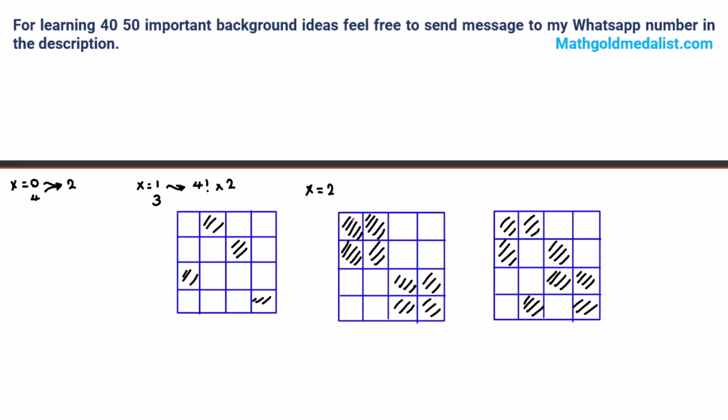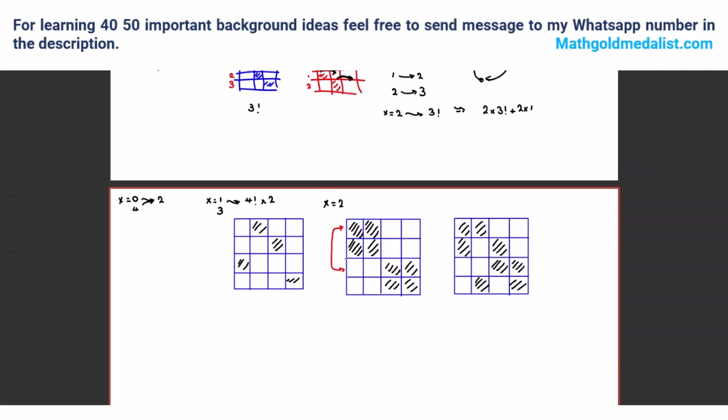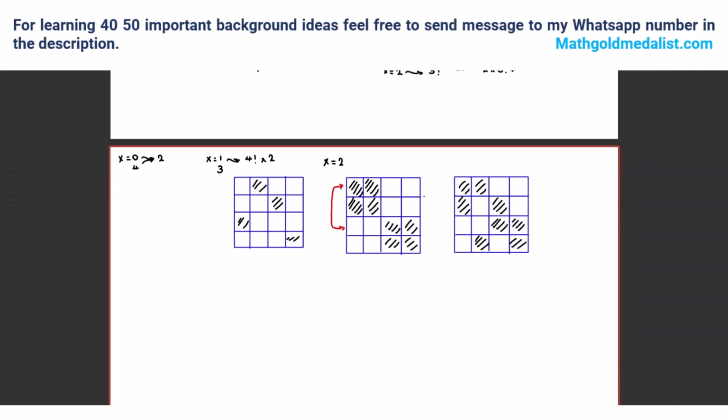And I want to reach a contradiction for both of them. How? For this one, I permute these two rows, and let's see what happens. If we permute these two rows, then we have, let me write it with ink, these two are black, these two, and these two.